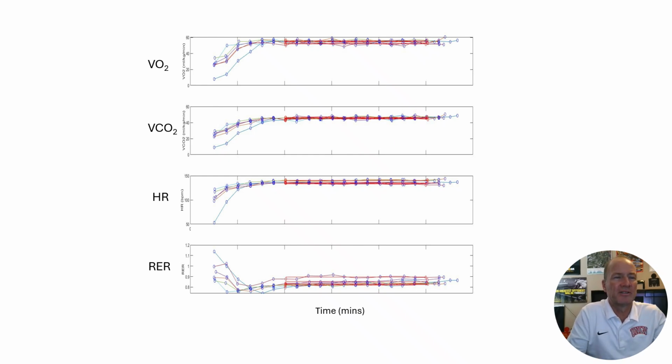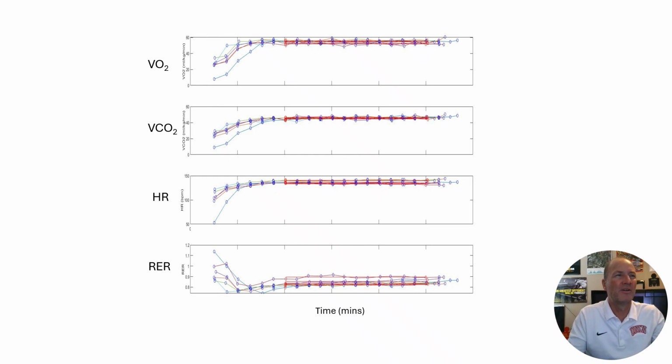Anytime I do an analysis of data, I like to visually inspect the data. In this case, I'm looking for that steady state response. If we start to see some increases in slope or decreases in slope with VO2 or any of these parameters, start to scratch your head and say, wait, something's going on. This person's not in steady state. But in this case, for each of these conditions, the client was in steady state.